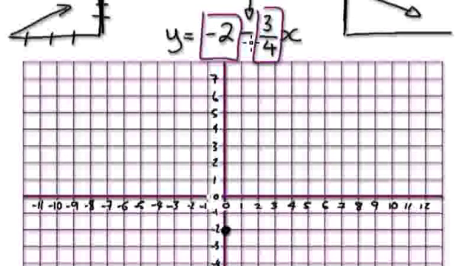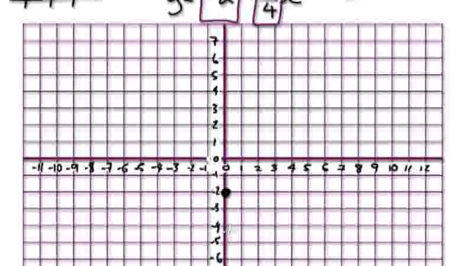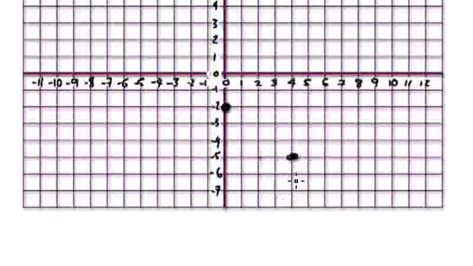Given the intercept is here, we want the up and down to be 3 and the across to be 4. So that means the steepness is 3 down, 1, 2, 3, and 4 across. So it's going to be here.